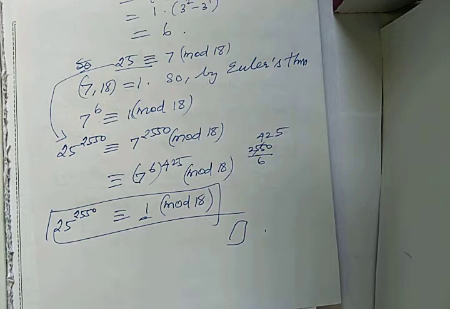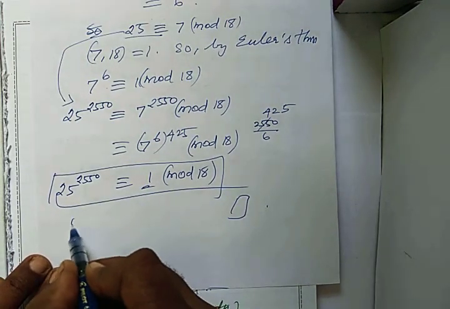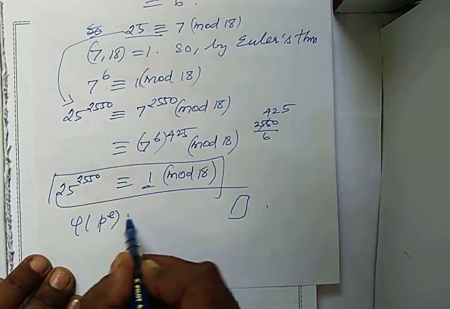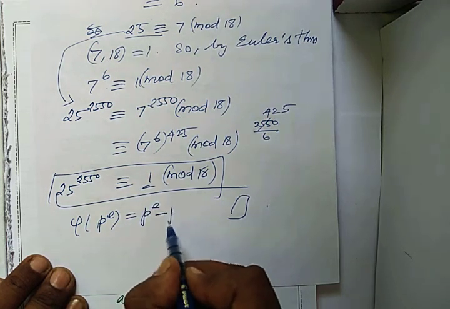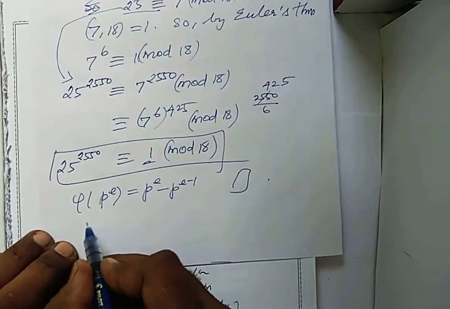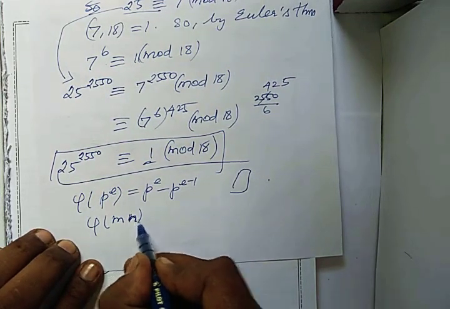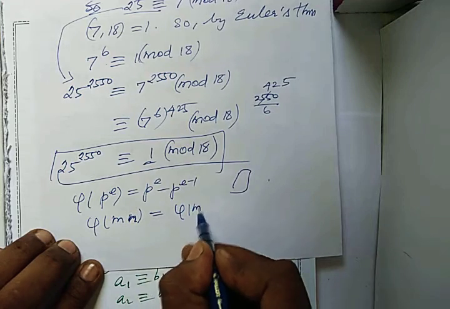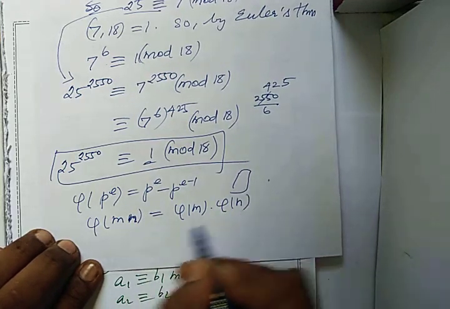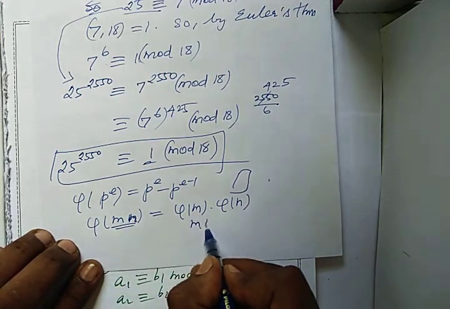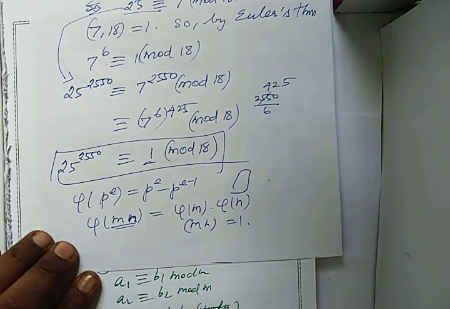So students, in the next session we will prove these theorems: phi of p power e is equal to p power e minus p power e minus 1, and phi is multiplicative. That means phi of mn is equal to phi of m into phi of n if m and n are relatively prime.